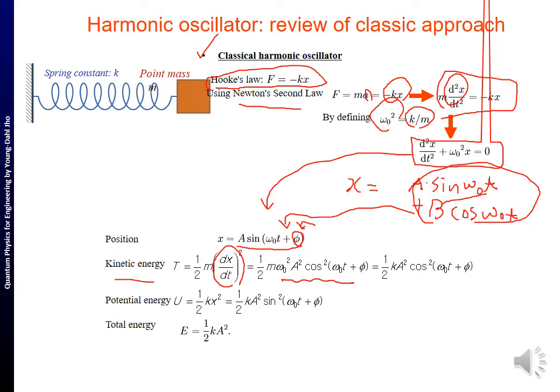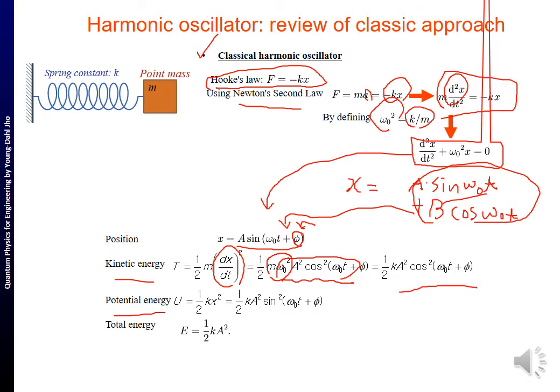Cosine omega 0 t plus phi. So we take the square, and we have this one. Yeah, so 1/2 m omega 0 squared, this is k. So k a squared cosine squared omega 0 t plus phi.